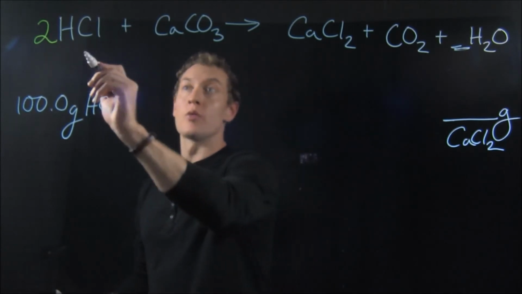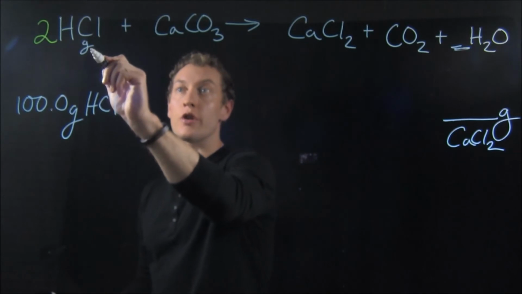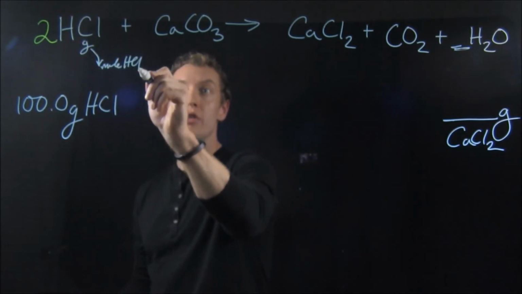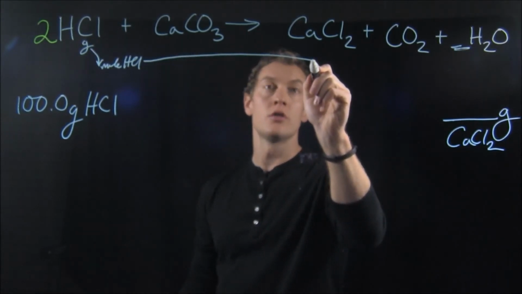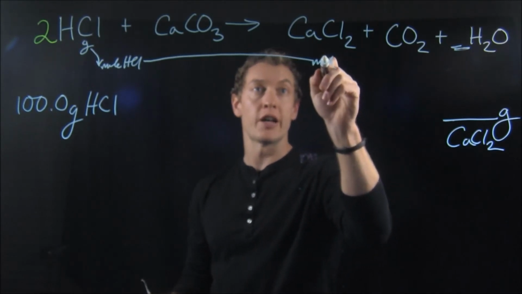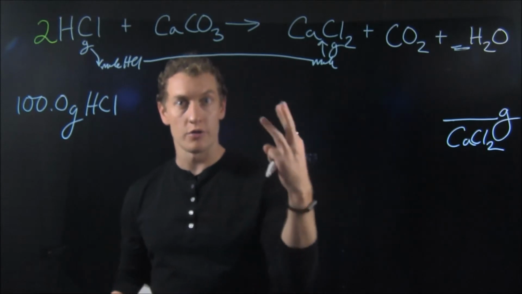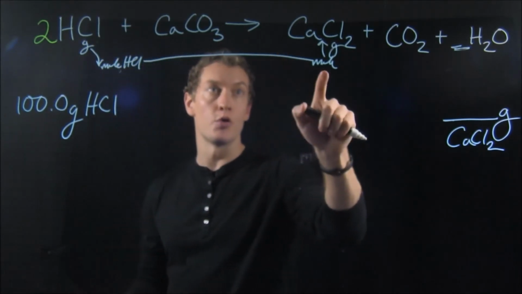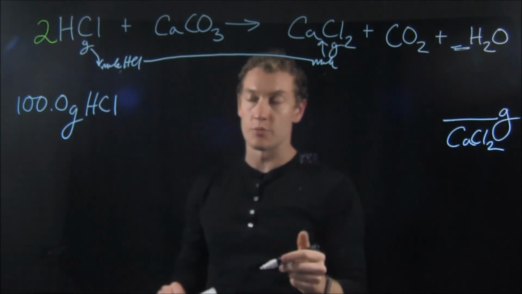What are we going to do? We're starting at HCl with grams. We're going to convert grams to moles of HCl. Then we're going to convert moles of HCl to moles of calcium chloride, and then moles of calcium chloride, we can convert that to grams of calcium chloride. 3 steps. Grams to moles, moles of HCl to moles of calcium chloride, moles of calcium chloride to grams of calcium chloride.